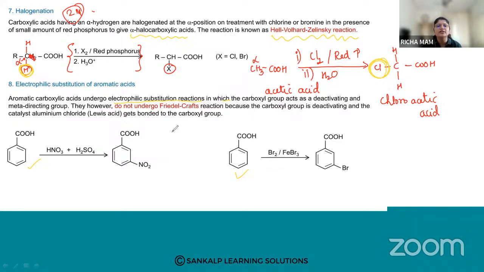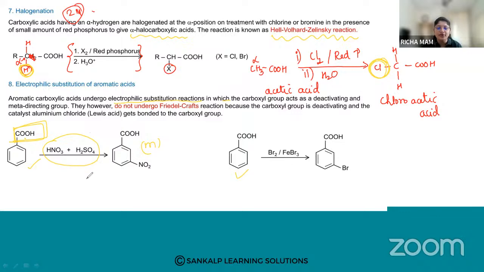Because of the presence of the COOH group, whatever the incoming electrophile is, it will be directed to the meta position, and therefore it further deactivates the benzene ring.